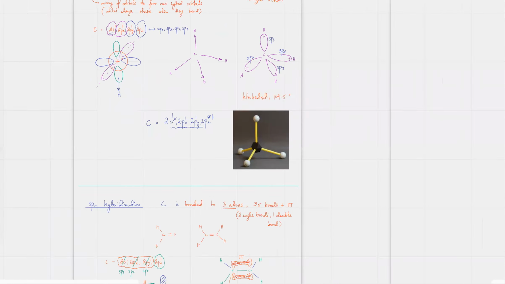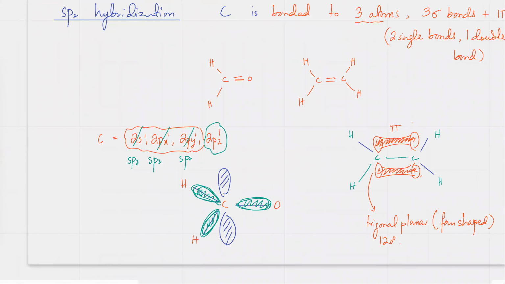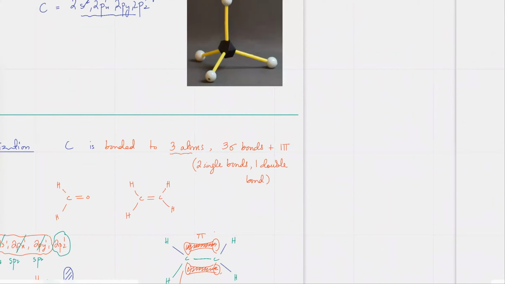Previously, I did tell you that three of the orbitals would change to sp2, so that's fine. Now, what happens in sp hybridization? Sp hybridization is when the carbon atom is just bonded to two atoms.